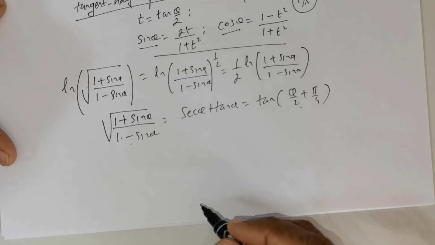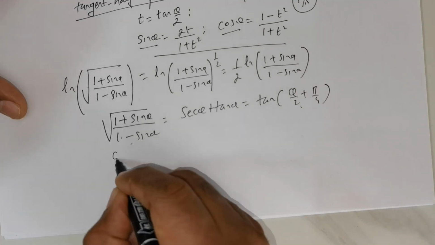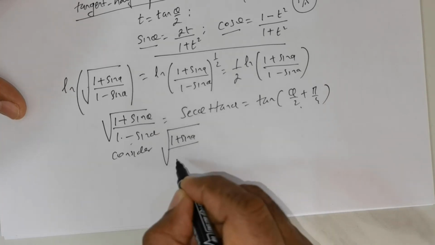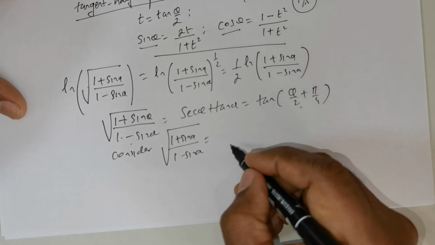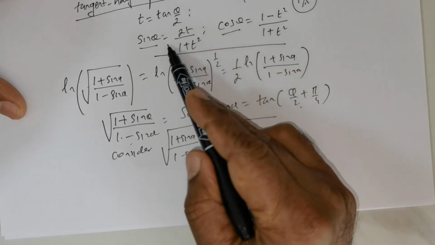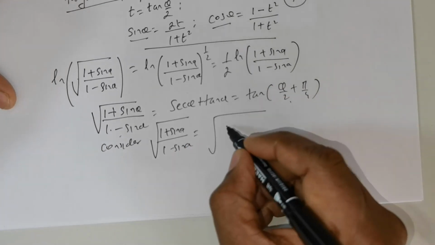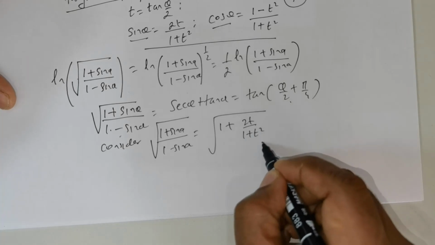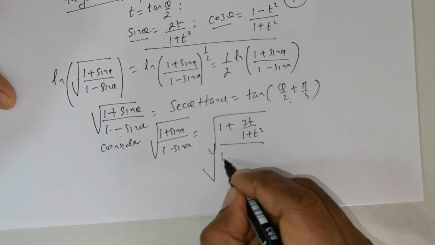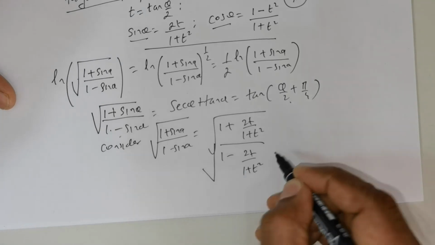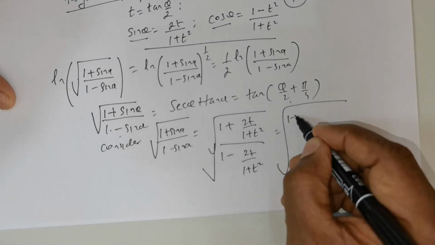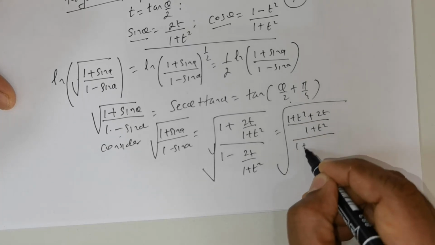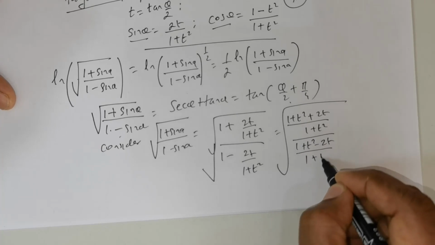For that, I first consider this quantity, the square root of (1 plus sine theta) divided by (1 minus sine theta). As I just mentioned, I have the tan half angle substitution sine theta as 2t divided by 1 plus t squared. So substitute that: 2t divided by 1 plus t squared, and dragging the square root, 1 minus 2t divided by 1 plus t squared. So this is equal to the square root of (1 plus t squared plus 2t) divided by (1 plus t squared), over (1 plus t squared minus 2t) divided by (1 plus t squared).